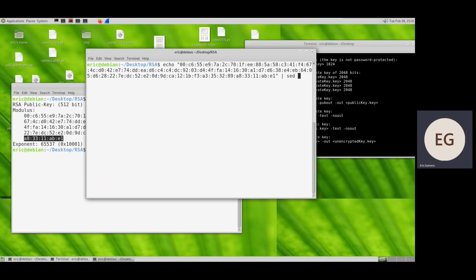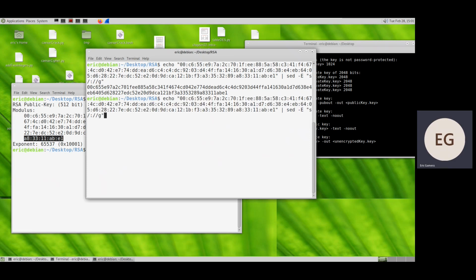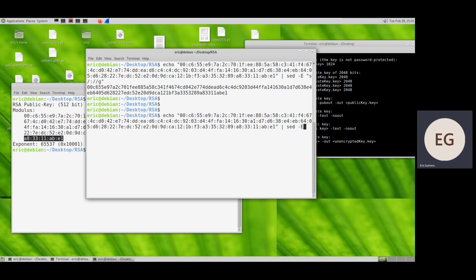If I use the stream editor, what can I write? s for substitute the colon with nothing in a global way. So you have it here. Another way that I could have done it is with the tr command. You remember the tr command, the translate command? I can use tr, dash d, delete the colon. So here is the integer.